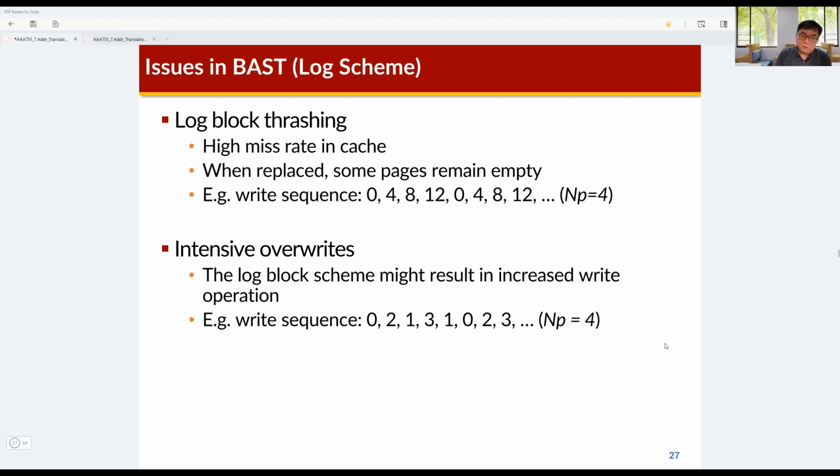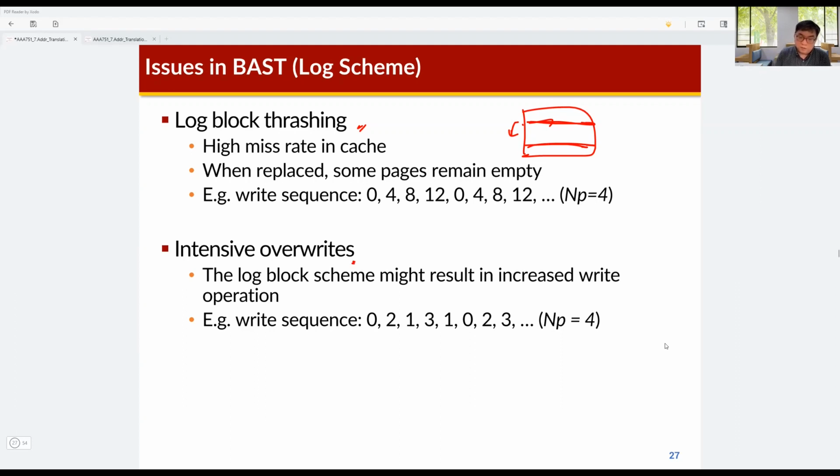This is called log block thrashing. It's very similar to cache thrashing. Okay. So that means only some part of the pages inside of a log block is used. So that's what I explained.